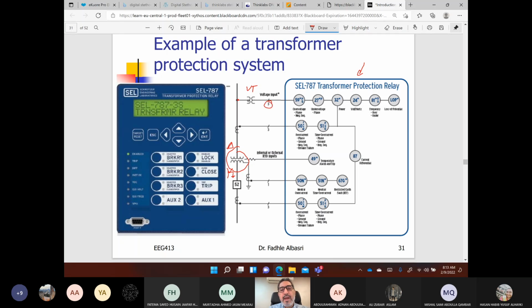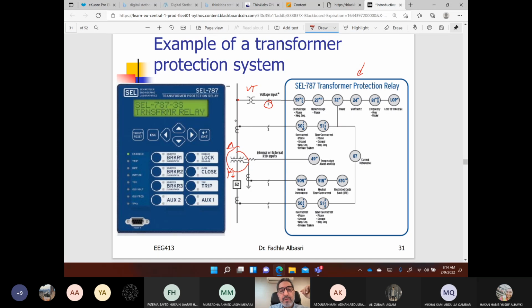What does three mean? In this single line diagram, it means this VT is probably connected as star-star, with three conductors going to the relay, plus of course the neutral point.